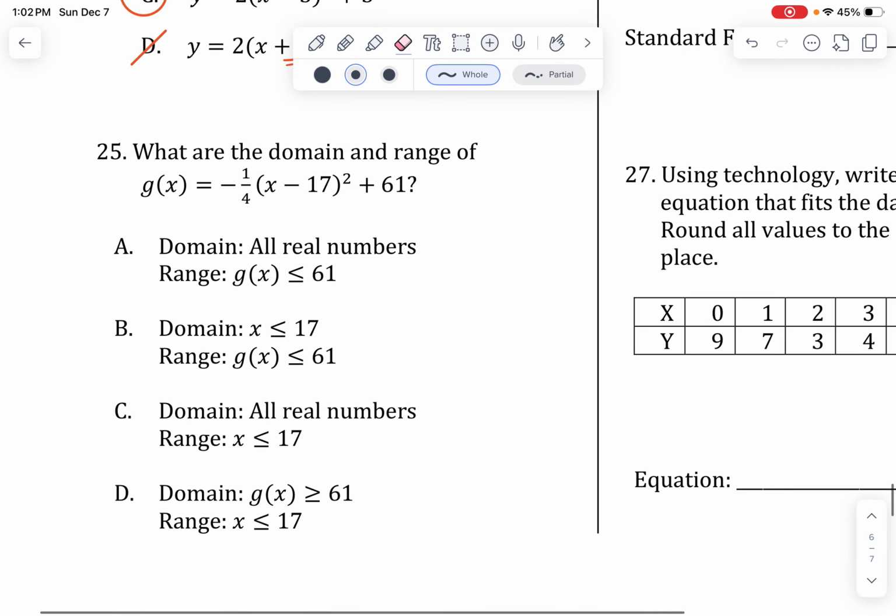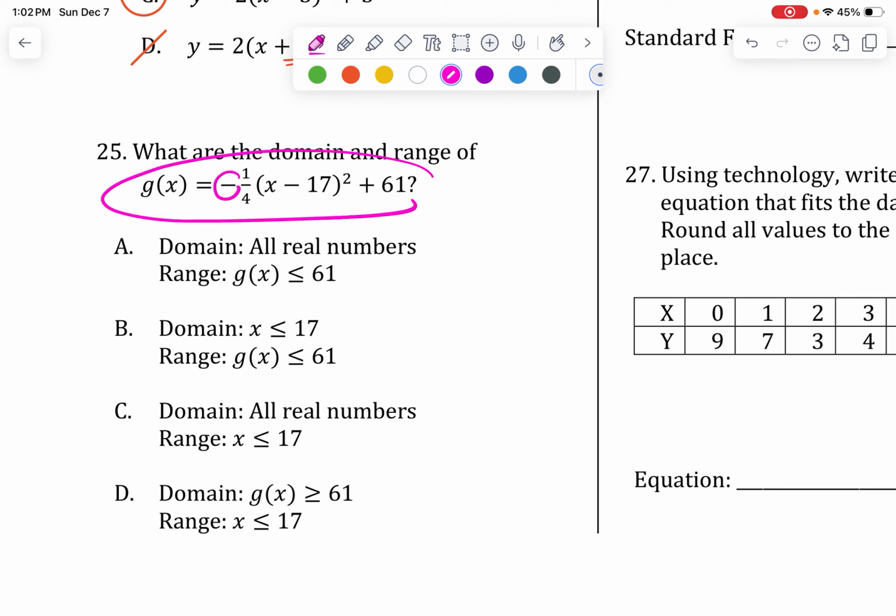All right, number 25, the domain and range of this function. Again, I'm just going to do this logically, and then if you want, I'll show you what that looks like in Desmos. The first thing I notice about this function is it opens down. Could I put this in Desmos? Yes, but I'm just going to draw myself a little visual of what I know to be true.